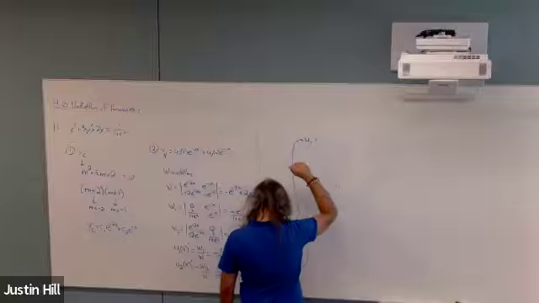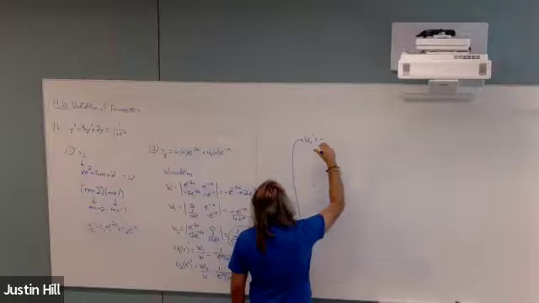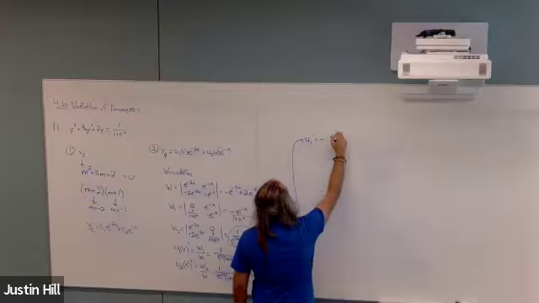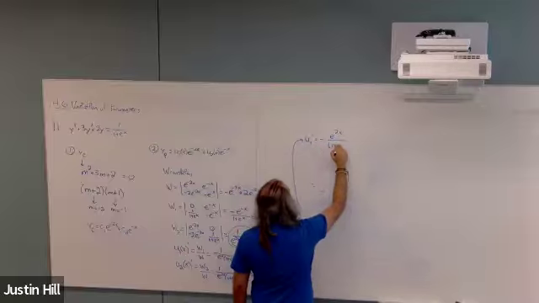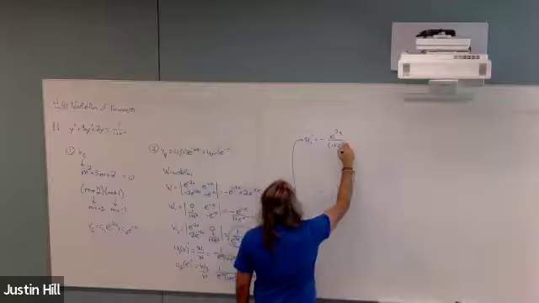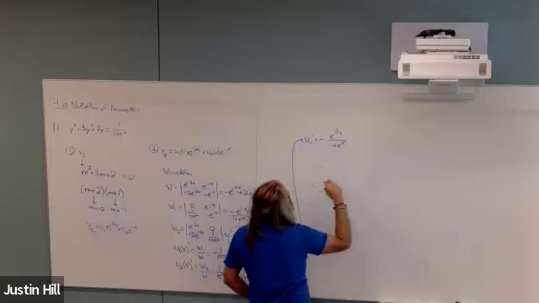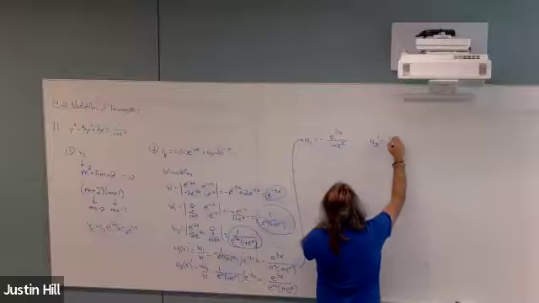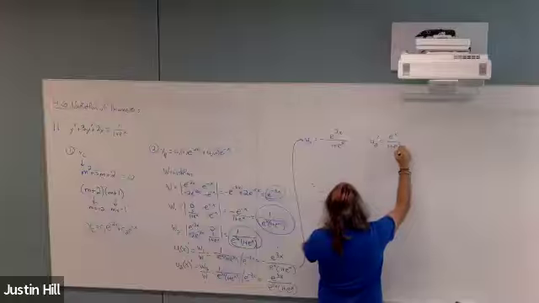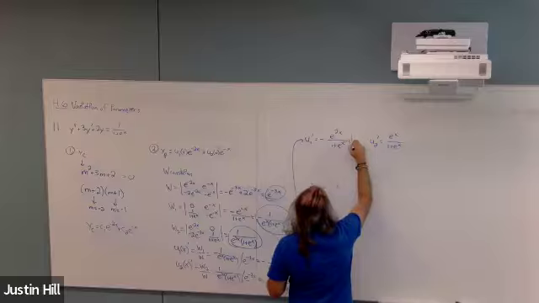U1 prime is going to be negative e to the 2x over 1 plus e to the x, and U2 prime will be e to the x over 1 plus e to the x. We can put the x's in front of all that if we want.